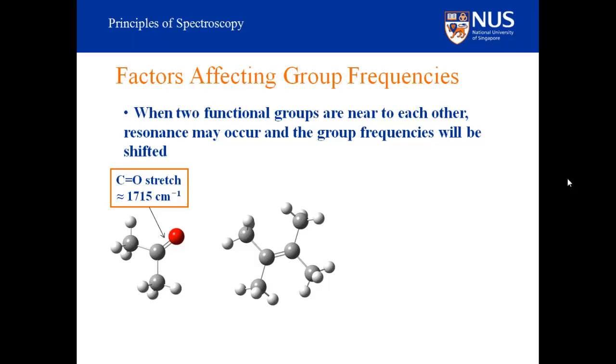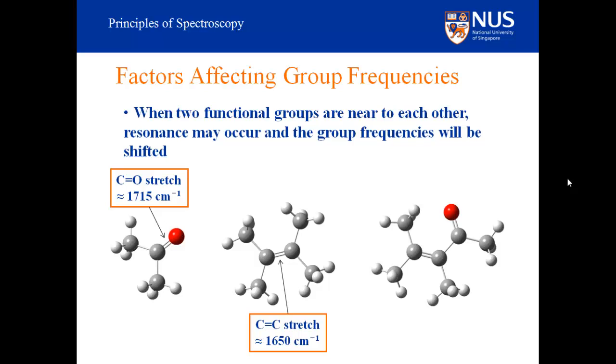And here we've got an alkene, and we've got a CC double bond, and this will be stretching at roughly 1650 wave numbers. That is a similar frequency to the carbonyl stretch. So if we've got a molecule that has a CC double bond and a carbonyl bond next to each other, the stretching frequencies will be slightly different.